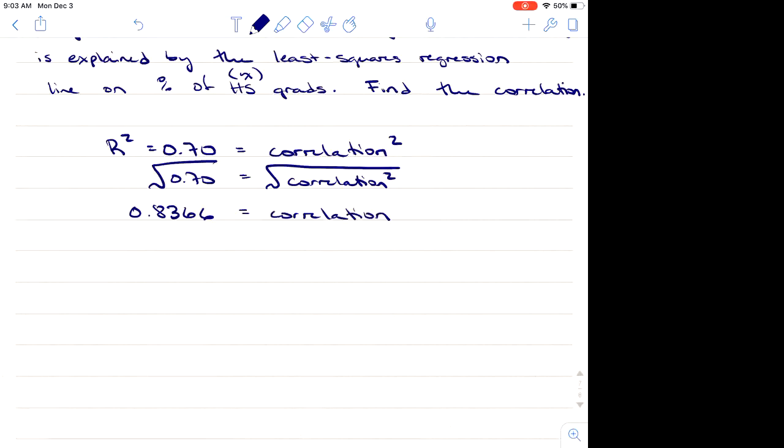One thing with squaring values is that squaring values always make everything positive, right? If you square a negative number, it becomes a positive number, so we lose the positive or negative.